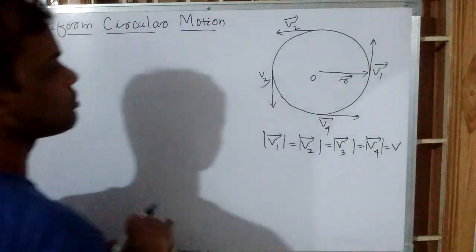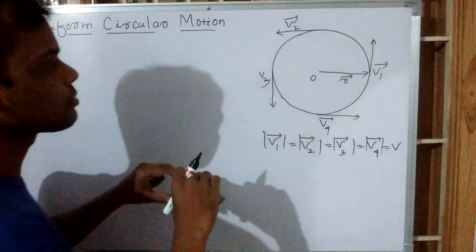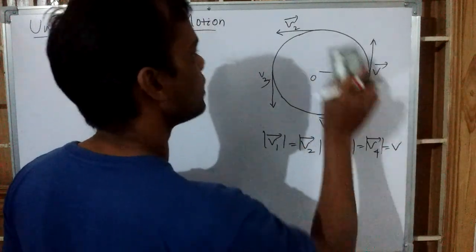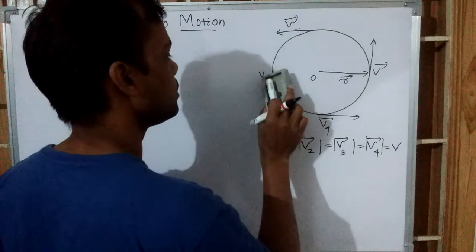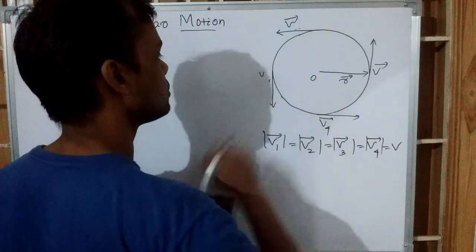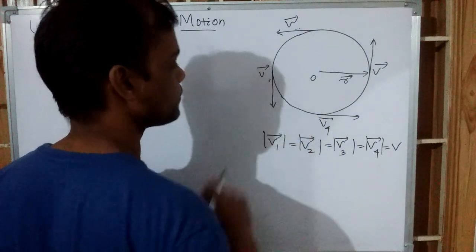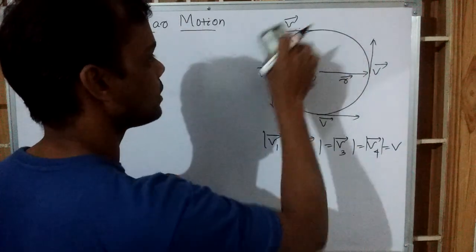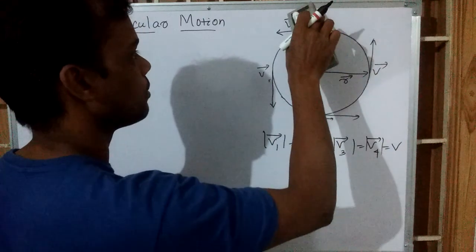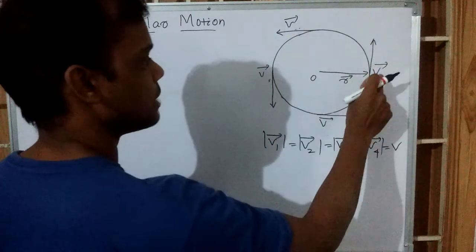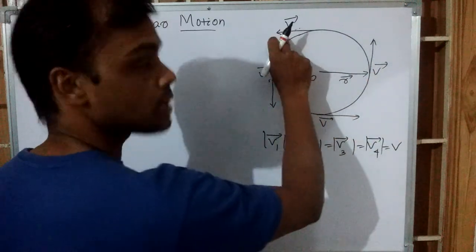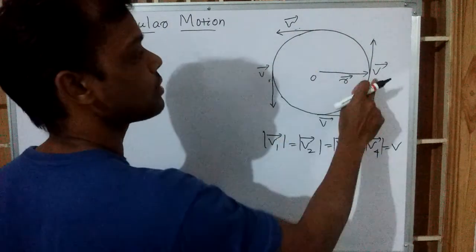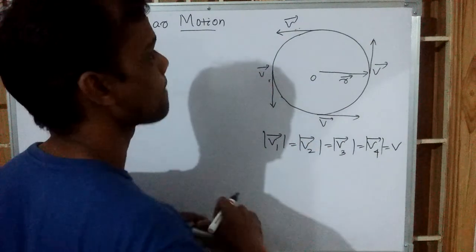Before going through in detail, for the uniform circular motion we have assumed all these values are v, so I will simply write v, this is v, this is also v, but I cannot write it as a v vector anymore, because if I write v vector here and also v vector there, these two vectors are not equal because their directions are different.